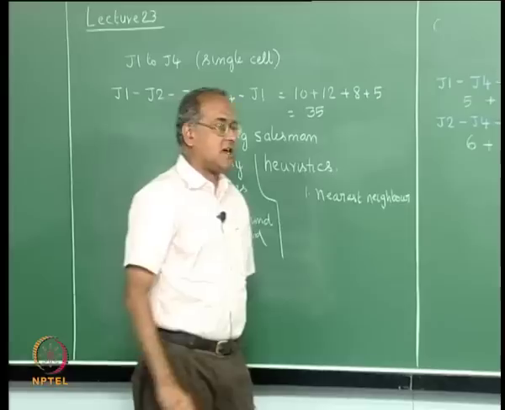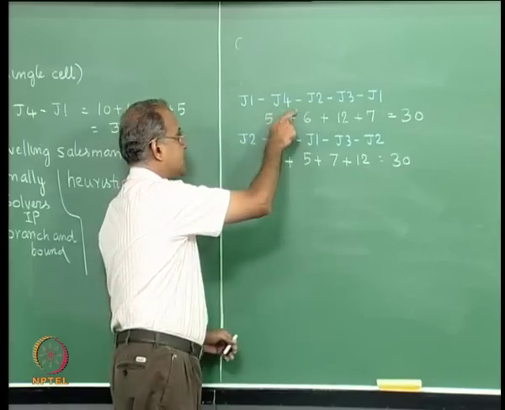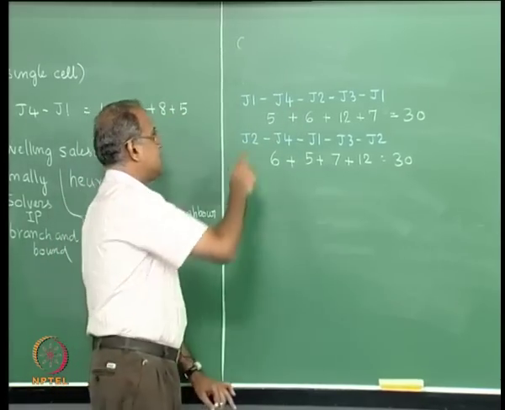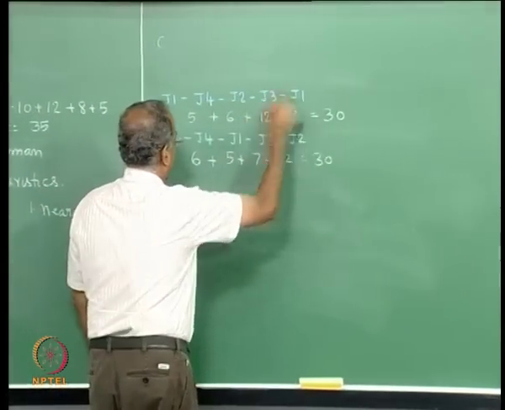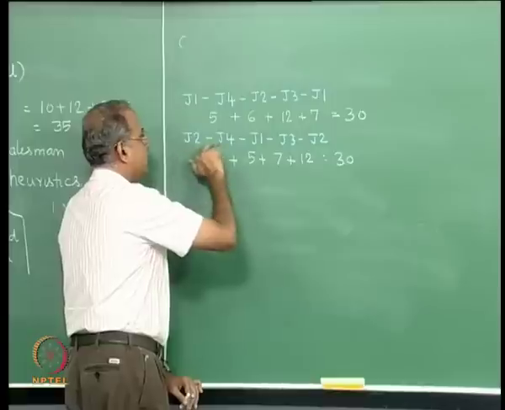In fact, we observe that this sequence is the mirror image of the other sequence. This is 1 4 2 3 1, this is 1 3 2 4 1.